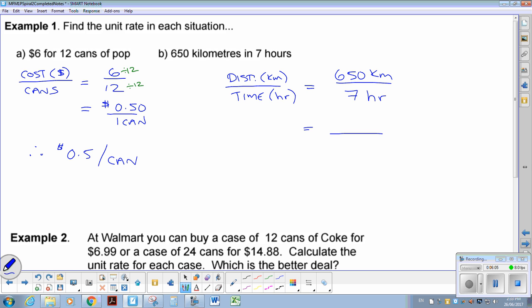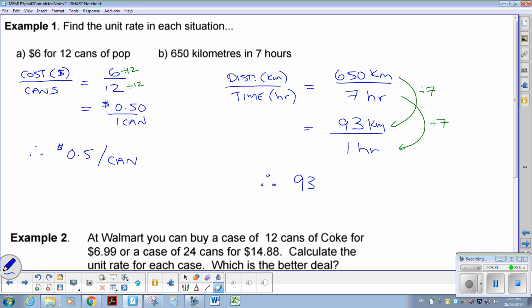I know I want my ratio to be 1 hour, so I have to divide by 7, which means I also have to divide the top by 7. 650 divided by 7 is about 93 kilometers per hour. So on that particular drive, you averaged 93 kilometers per hour.